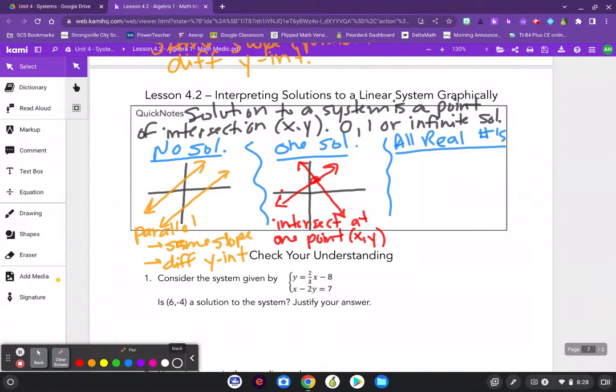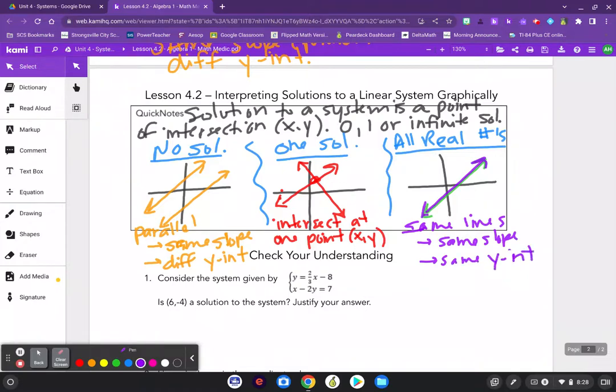And I could have infinite solutions, or we say all real numbers. And what happens with that is that I end up with 2 lines. And when I graph those 2 lines, they happen to be the same. And so they're the same line instead of being parallel lines. What that means is that they have the same slope and they have the same y-intercept.